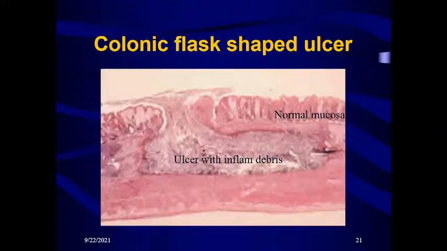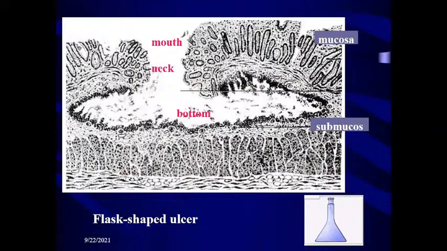These are the necrotic cells and mainly leukocytes. Yeah, so this is the base, the bottom, this is the neck and the mouth of the ulcer, and it's usually within the submucosa. So these are the classic flask-shaped ulcers.